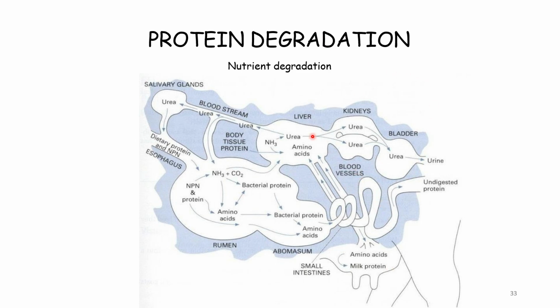This one, as you can see here, is everything about ammonia, non-protein nitrogen, urea, amino acid, microbial protein. If there is any excess, it goes through the urine to the outside, and also through the feces, so undigested protein comes out through the feces.